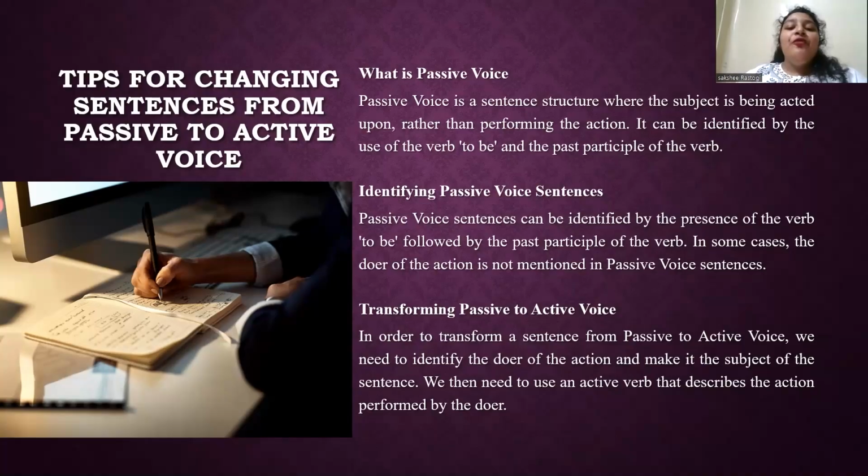Be mindful of verb tense to ensure the verb tense remains consistent when changing from passive to active voice. Use the passive voice strategically, meaning reserve the passive voice for situations where the doer of the action is unknown, unimportant, or emphasized less than the action's recipient.